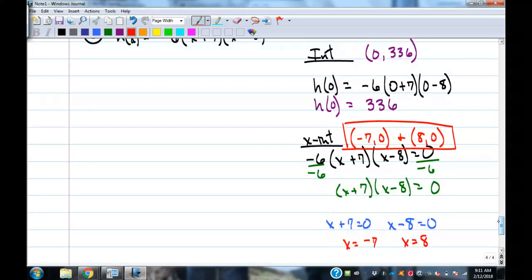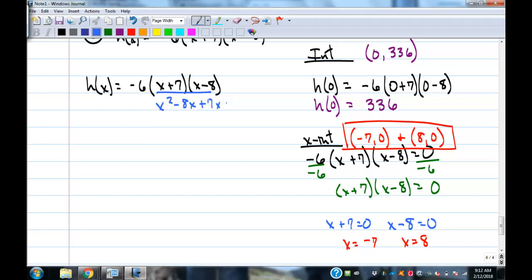And then from there, I'm going to multiply this thing out to get my axis of symmetry. So I'm going to multiply these two together first. That'd be x squared minus 8x plus 7x minus 56. That's negative 6 times x squared minus x minus 56.